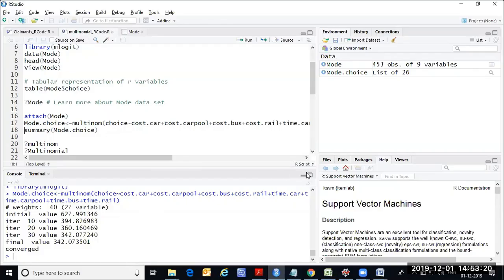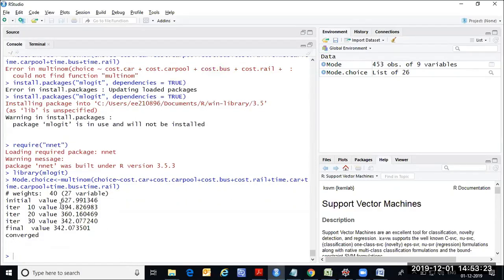Built a multinomial logistic regression. We look at the weights.